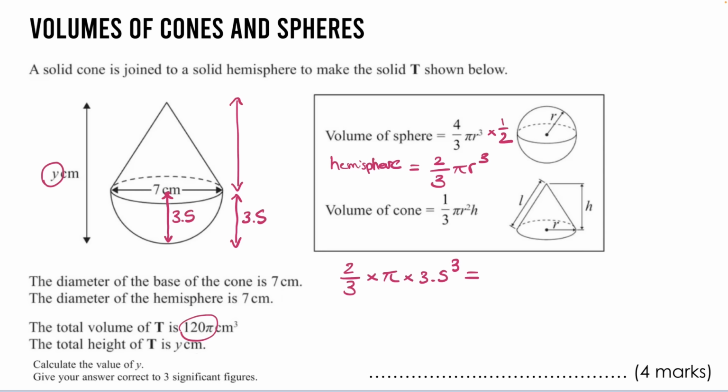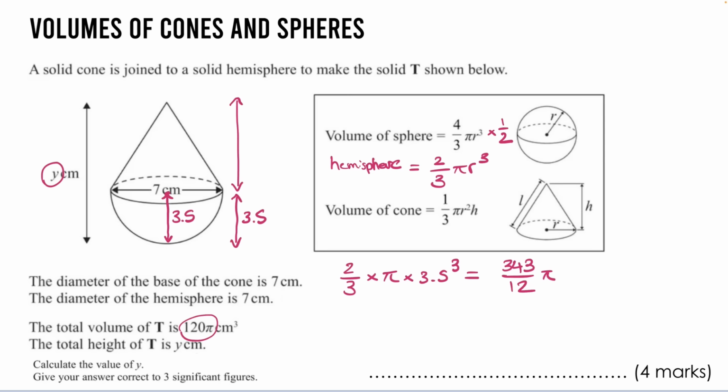It's not a particularly nice one. It comes out as 343 over 12 pi. So there we go. You could write the decimal version of that down if you wanted, but I'm going to leave it in terms of pi.